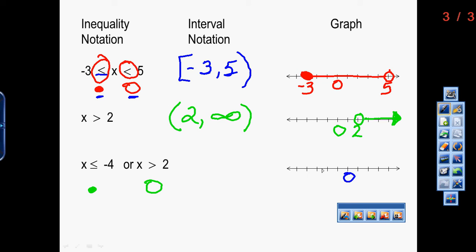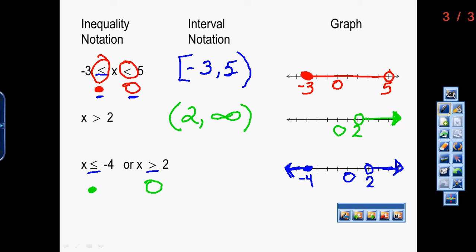And based on that, I'm going to have 1, 2, 3, 4. This is my -4, which is colored in. And then I have 2, which is open. Looking at these signs, less than -4 is going to be in this direction, and this one is greater than 2, so this is going to be in this direction.